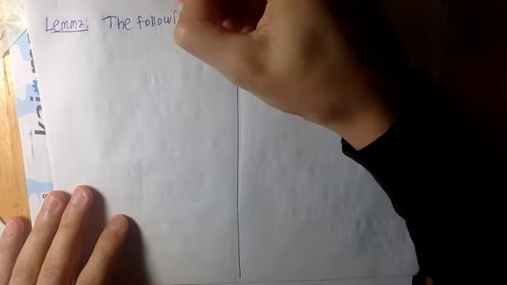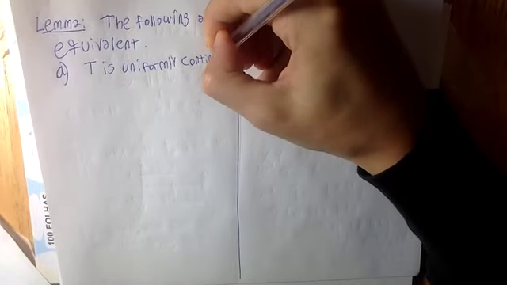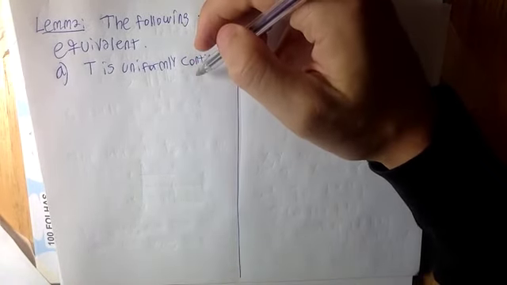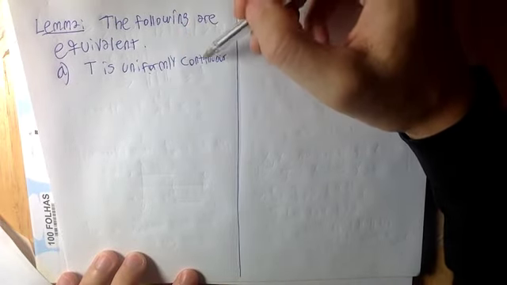What did I want to say about linear transformations? Let's start with the following lemma. The following are equivalent. A: T is uniformly continuous. Uniformly continuous means that the epsilon and delta in the definition of continuity are independent of where you are in the space.